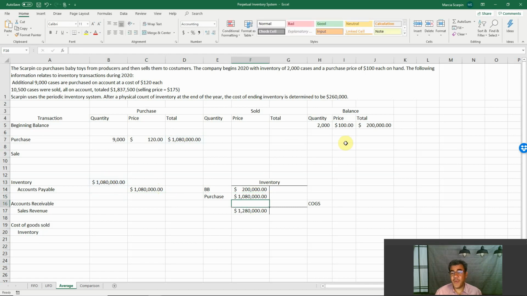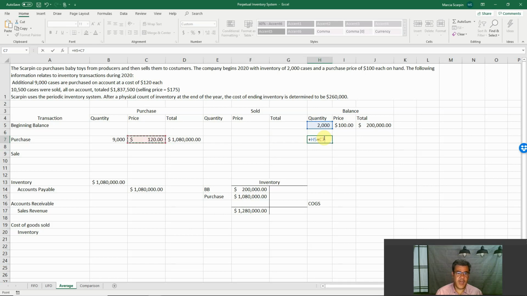How much is our ending balance? That is the difference between FIFO, LIFO, and average. How do we record our ending balance? Our ending balance will be, when we work with average, previous number plus our purchase, less our sold if we have it. So 11,000 units. Price, this is the average price.